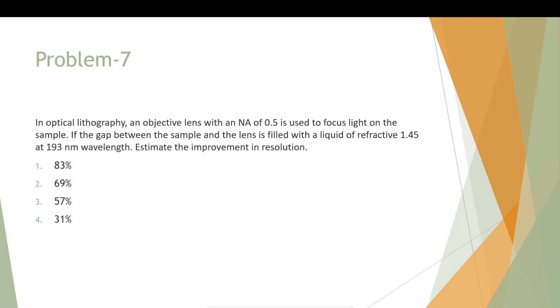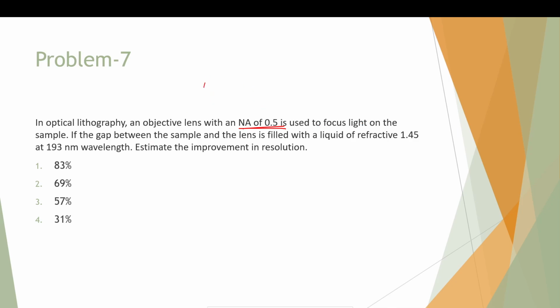In optical lithography, an objective lens with a numerical aperture of 0.5 is used to focus light on the sample. If the gap between the sample and the lens is filled with a liquid of refractive index 1.45 at 193 nanometer, estimate the improvement in resolution. So the objective lens has a numerical aperture of 0.5.